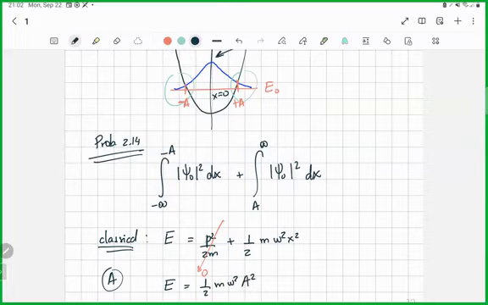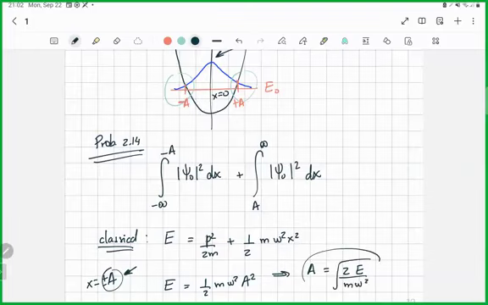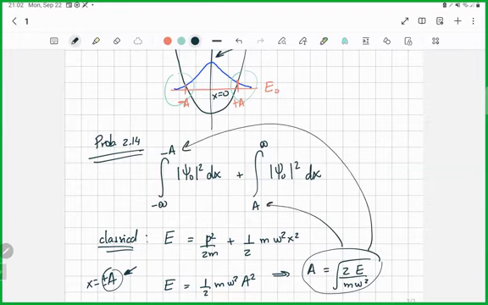This is the scenario when we reach the maximum displacement, on the positive or the negative side. And from here, we get that A is the square root of 2 energy divided by m omega squared. So this is what you have to put here and there, and then you have to solve this integral. And that's the end of this discussion.